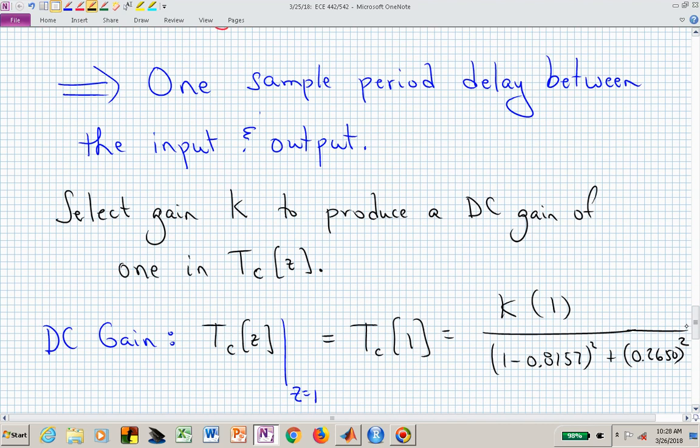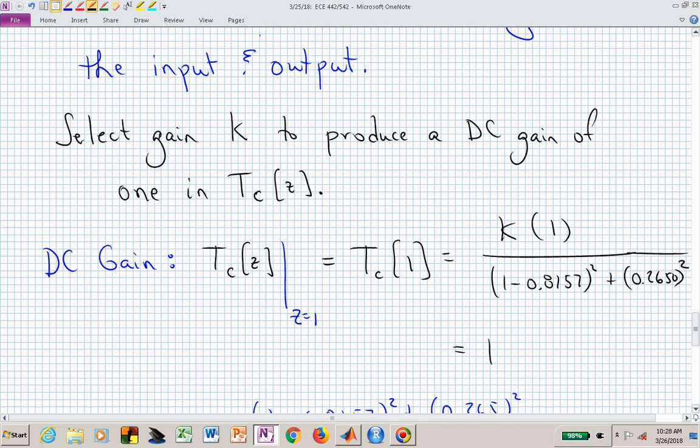Our DC gain in the z-plane is found when we evaluate the transfer function when z is equal to 1. And so now you should be envisioning this z-plane plot, and you're now evaluating at z equal to 1. We plug in 1 for z in our T sub c expression, set that equal to 1.